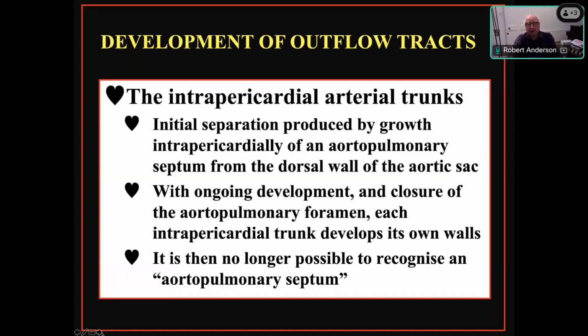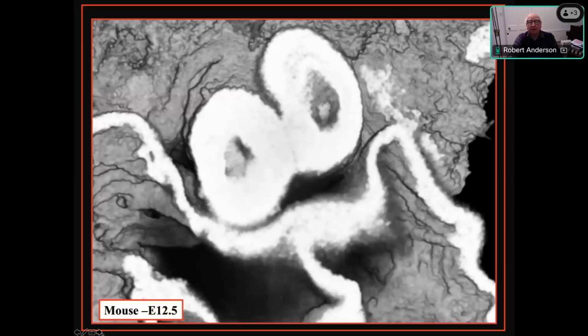And once that has taken place, the aortopulmonary septum also remodels so that there is no longer an aortopulmonary septum. And we see that here in the 13th day of development.